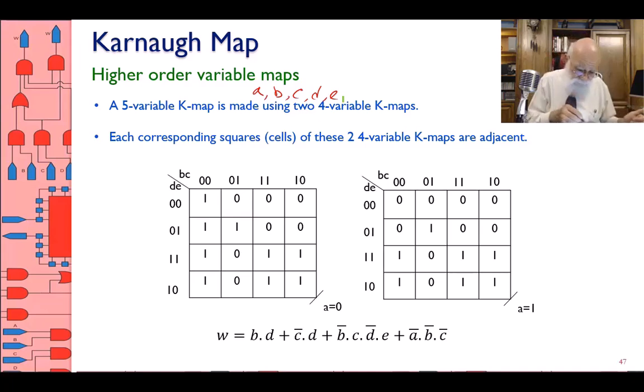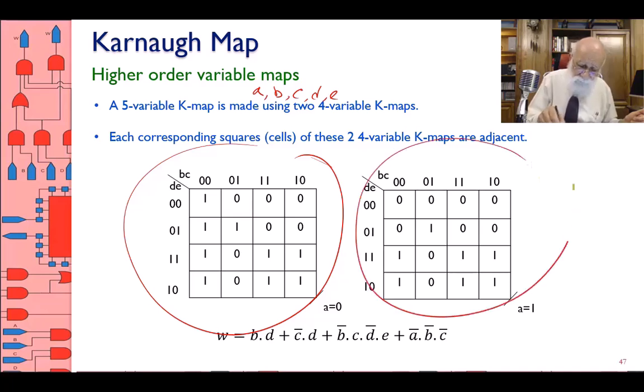The one on the left is for A0. The one on the right is for A1. We have already seen 4-variable maps, and therefore we can do all the mappings we want in the 4-variable maps on the two sides, for the A0 and for A1.